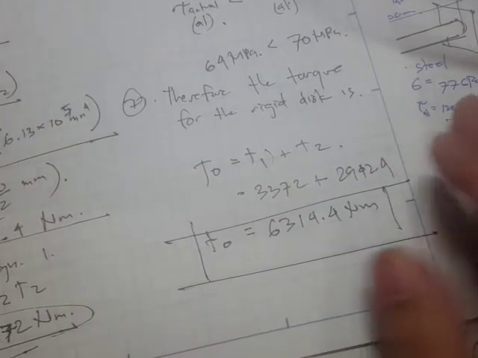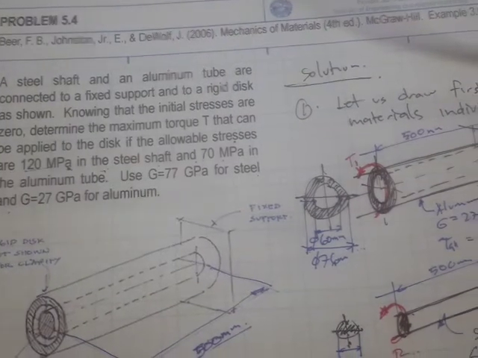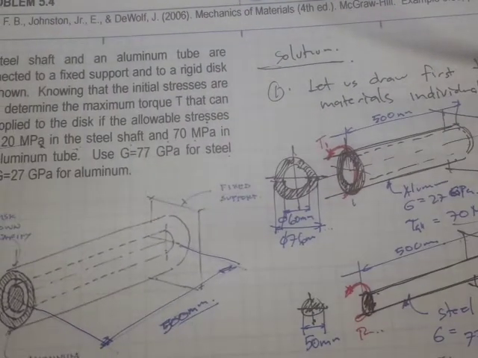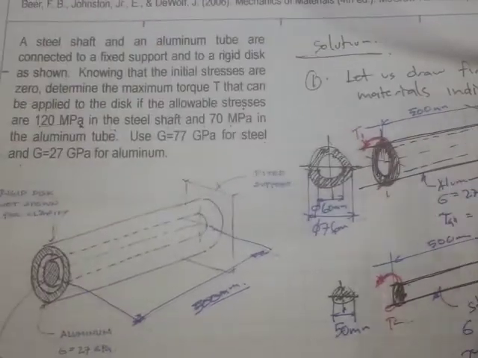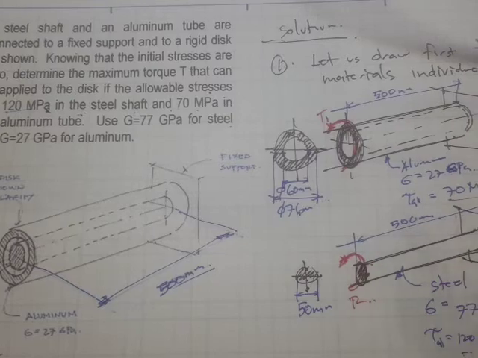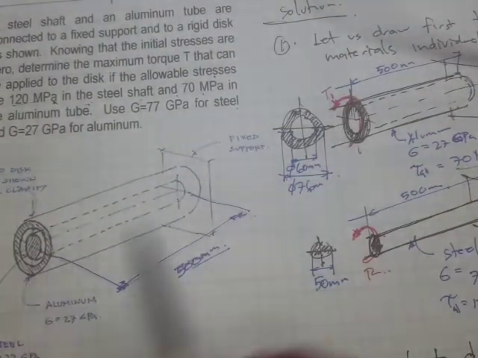Okay, so that's a lengthy solution, but if we understand the principles, then I think that's the best learning. Okay, so let's review our problem and our solutions. We have this problem, and it's a shaft.